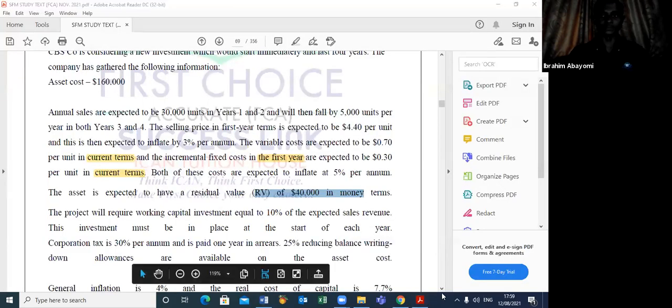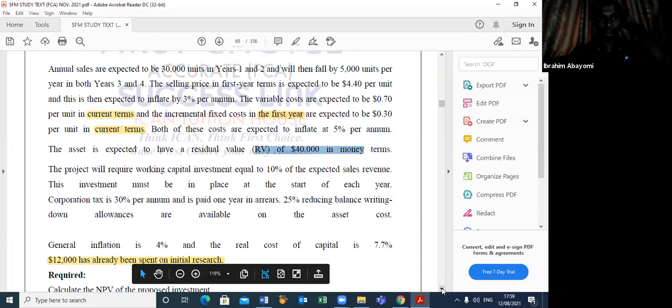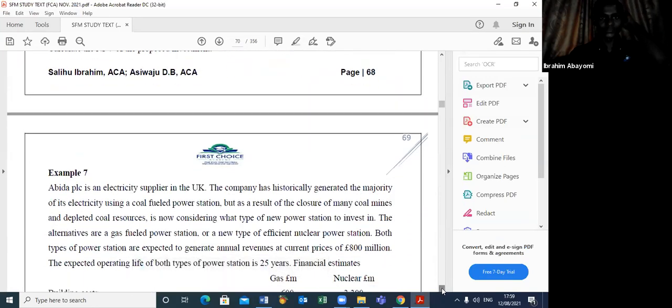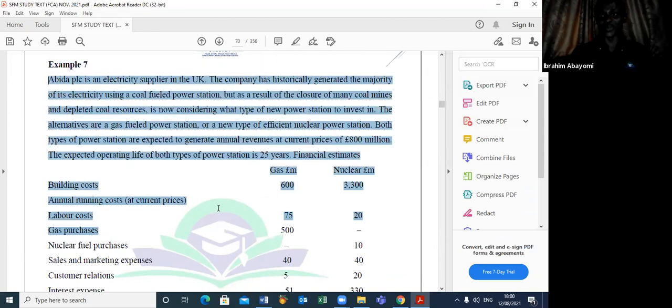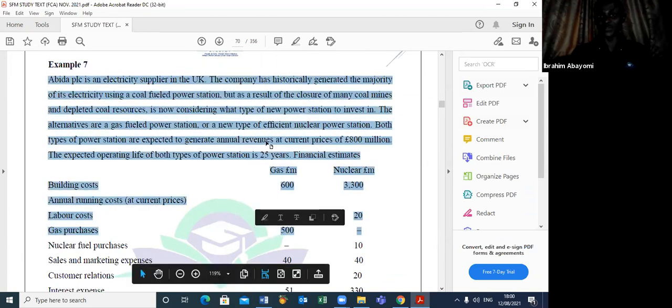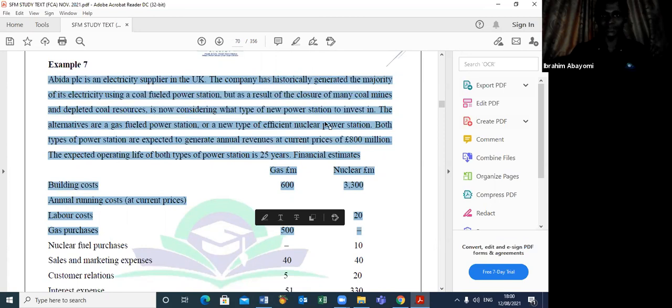Example 7. I told you on Monday that in 2 classes we should meet up with my physical students. This is the last question to meet up with them. The way we solve this, we are on the same level with FCA students.